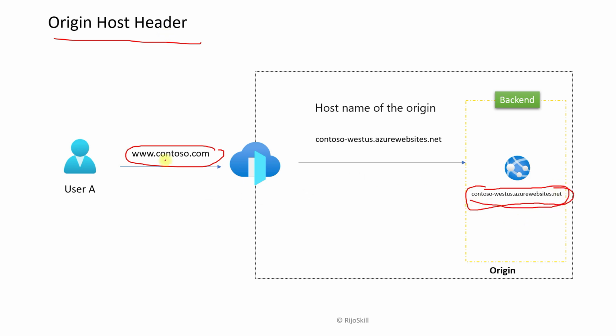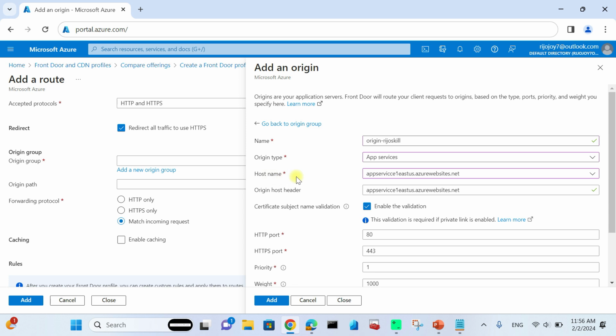Whatever your entry point in the front endpoint, www.console.com, once it comes in your front door, you need to change it to console.west.azurewebsites.net. If your origin host header is different, you need to put your origin host name here.